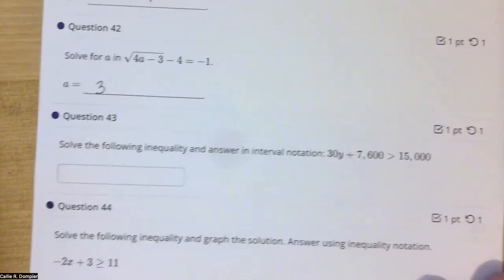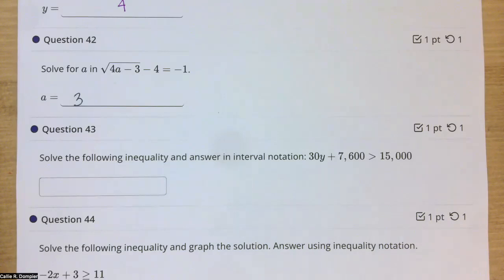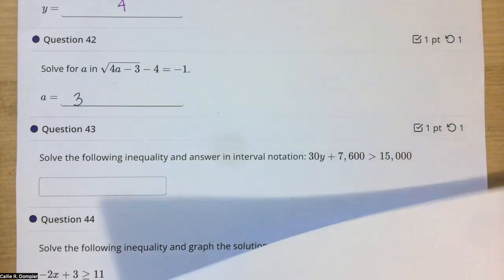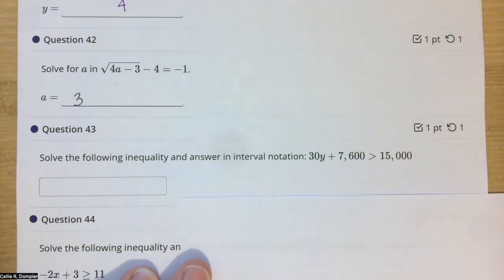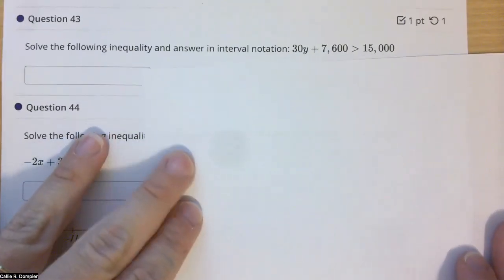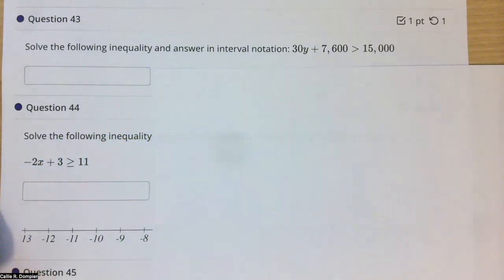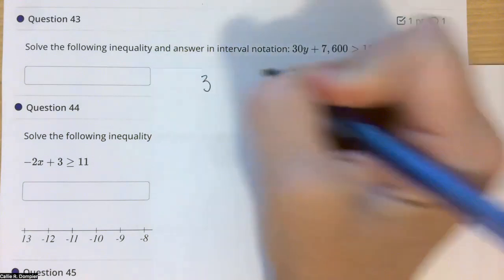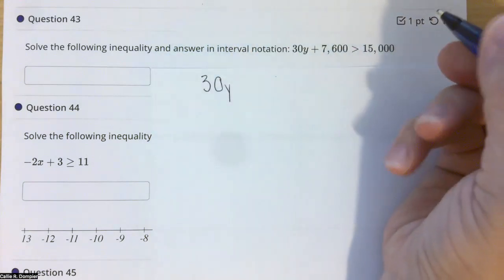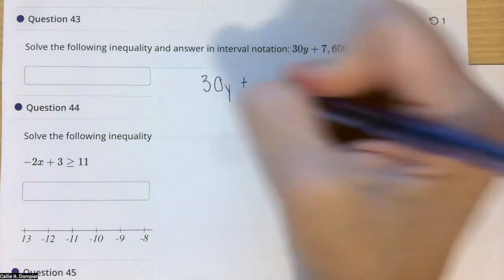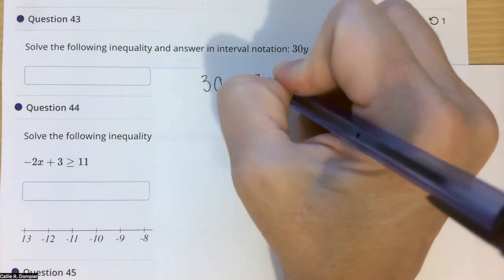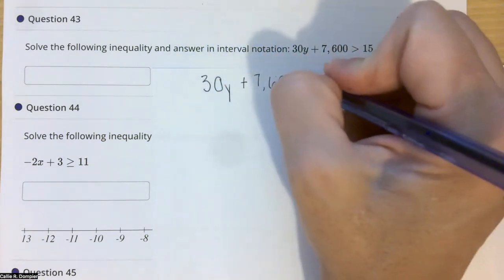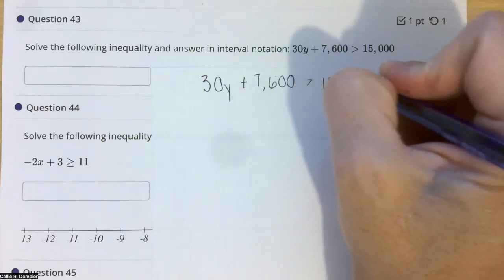A is 3. Question 43 says, solve the following inequality and answer in interval notation. This you can treat just like if that greater than sign was an equal sign. So we have 30y on the left. Y is being multiplied by 30, and then we're adding 7,600 to it. That is all greater than 15,000.